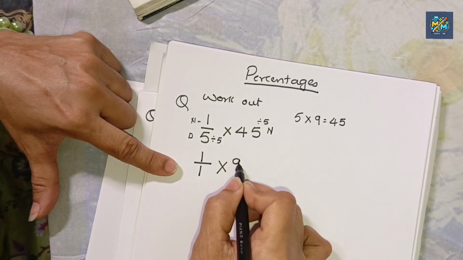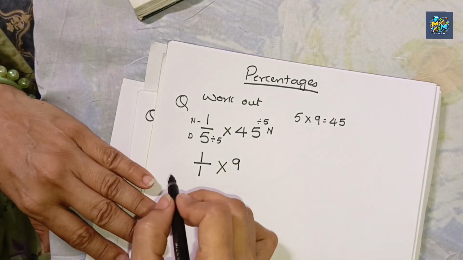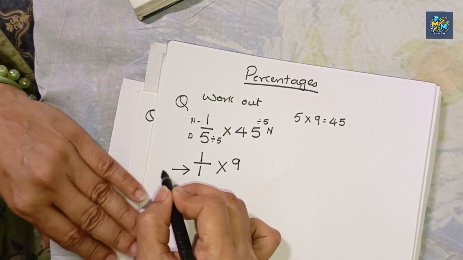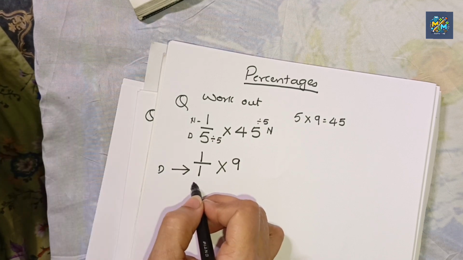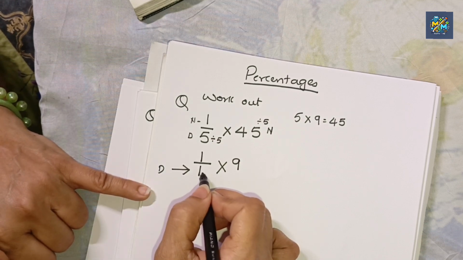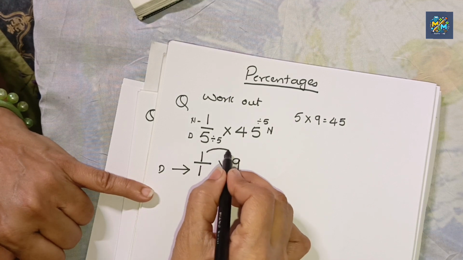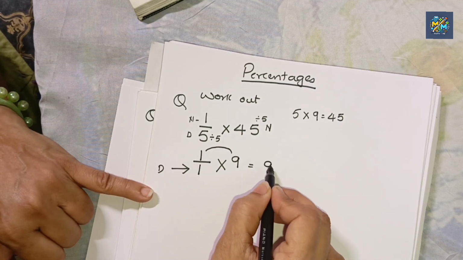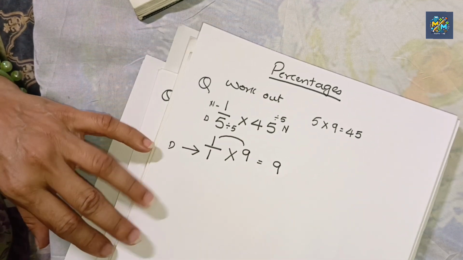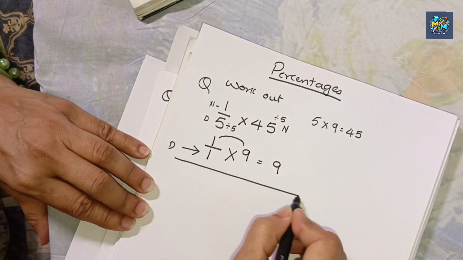So I will be writing the answer 9 over here. As shared before, if there is a 1 in the denominator, no need to consider it. So 1 times 9 will be simply 9.